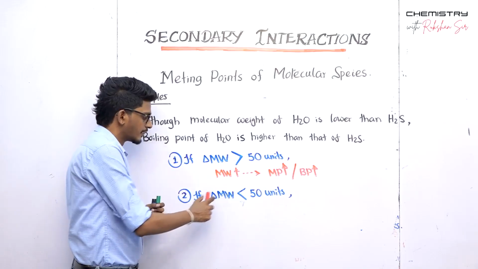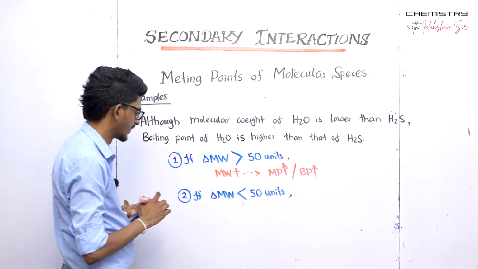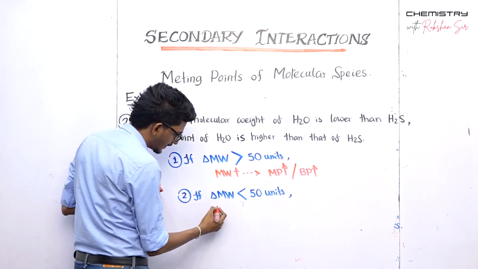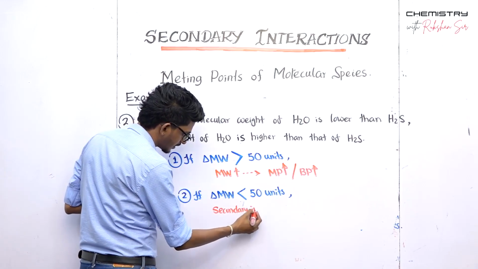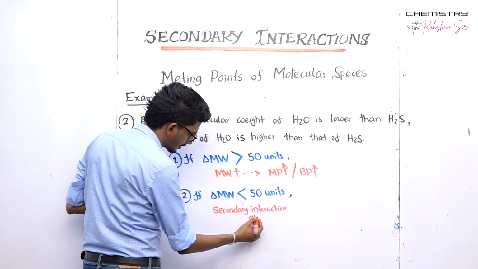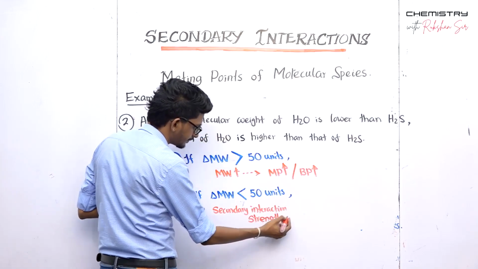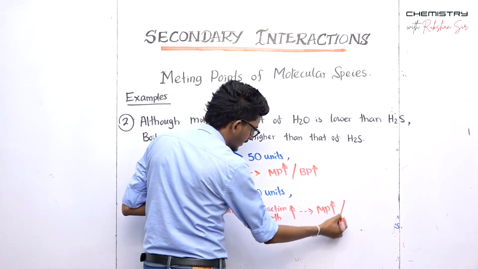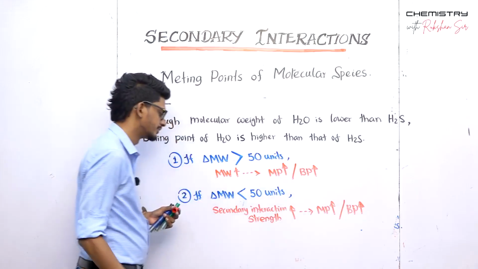Then the one with the higher secondary interaction strength will have the greater melting point or greater boiling point. This is how we decide.